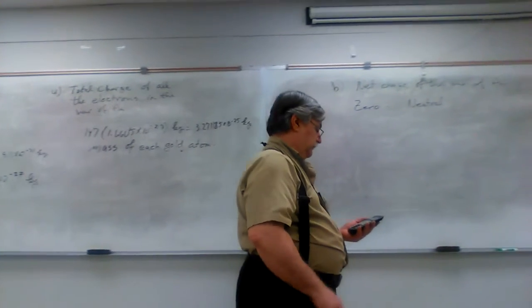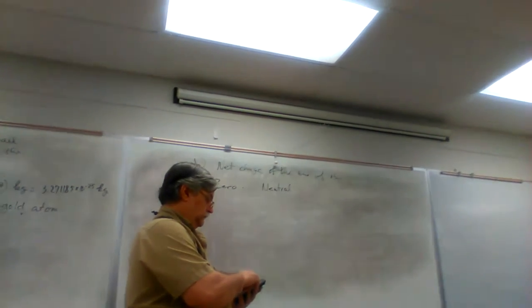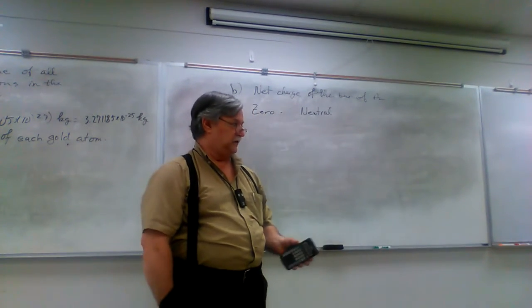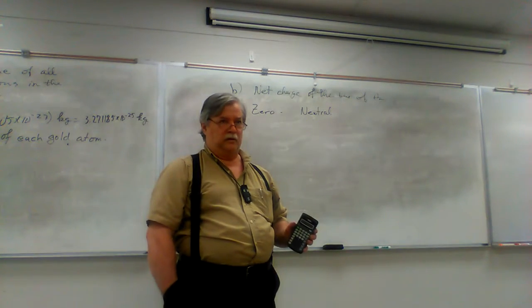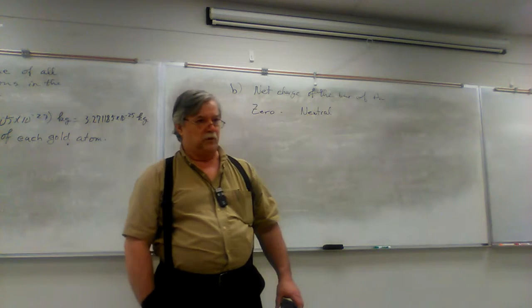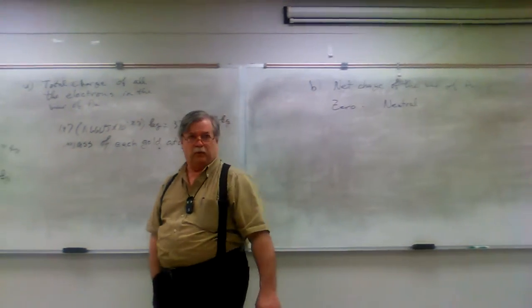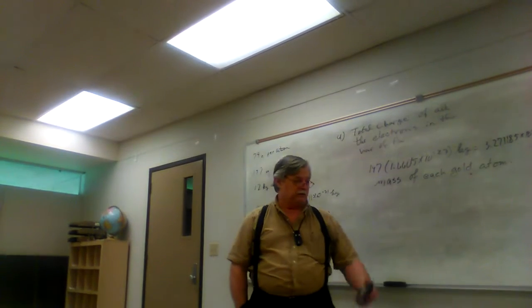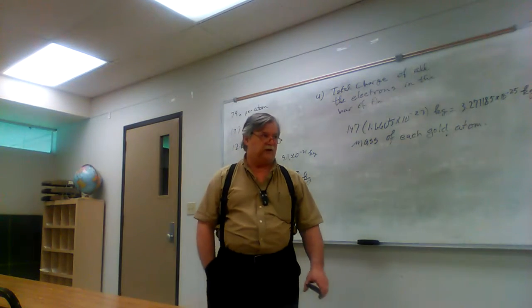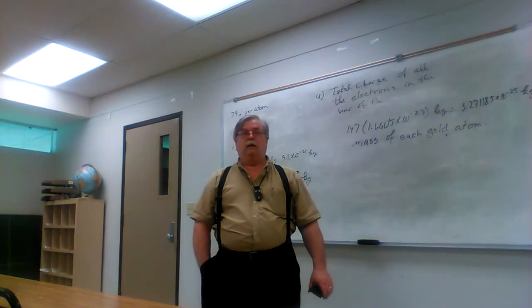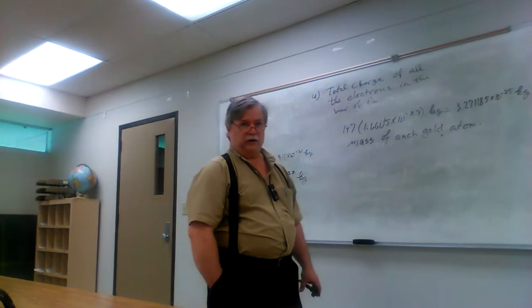And that gives us what? 464 million coulombs. If you could move that many electrons past a point in a wire every second, you would be pumping 464 million amps. There's a lot of electrons in 12 kilograms of gold.